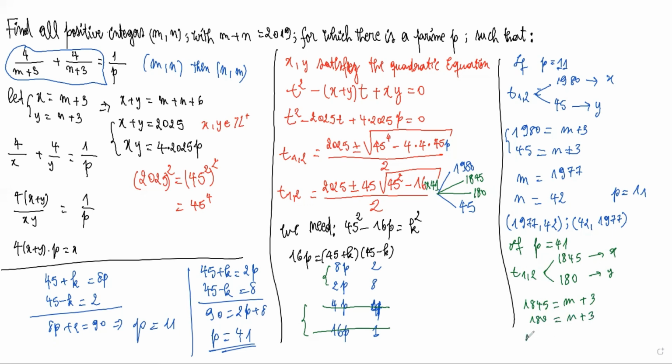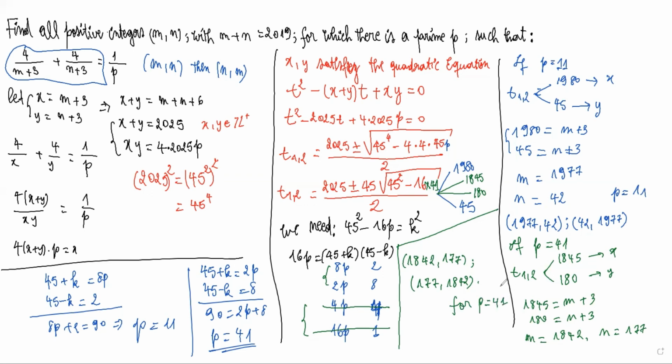So you see that m is 1842 and n is 177, which gives you another pair: 1842 and 177, and also its permutation, 177 and 1842. This is for p equals 41.